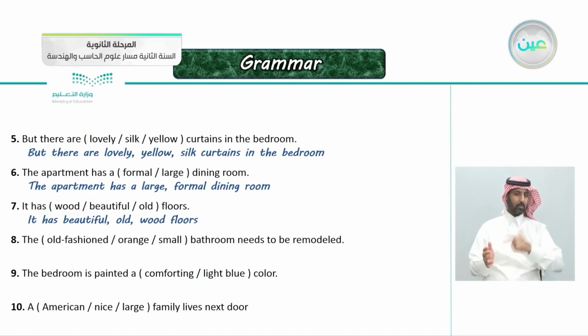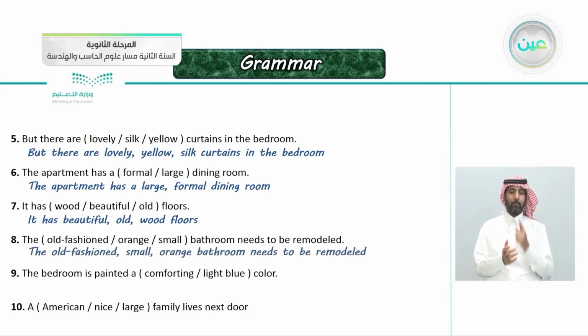Number 8, the old-fashioned orange small bathroom needs to be remodeled. The correct order here in number 8, yes, the old-fashioned small orange bathroom needs to be remodeled. So the size comes before the color.